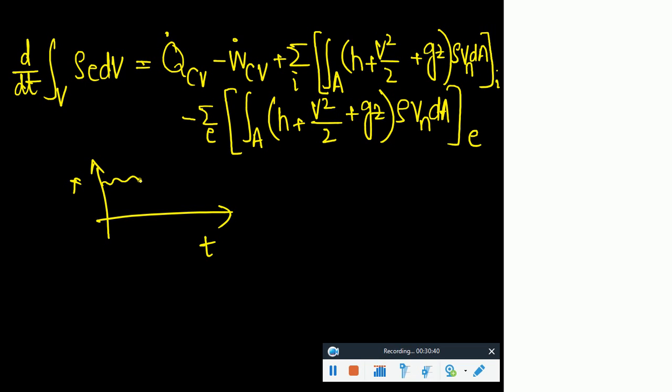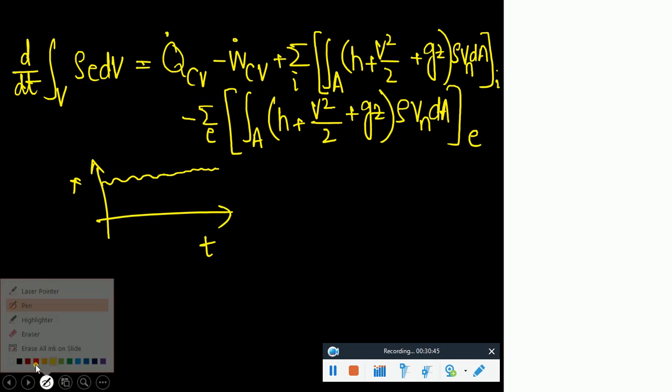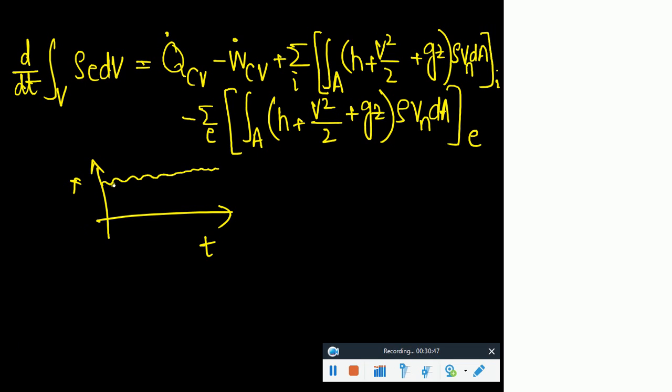For example, there are small variations and you see that its average is somewhere here. For example, this white line is just describing its average. Now, do you think that fluctuations are very small? I think we can consider that. So, if the fluctuations are very small, I can take that process as if there is no change happening with respect to time. Right? And see, what is the advantage?